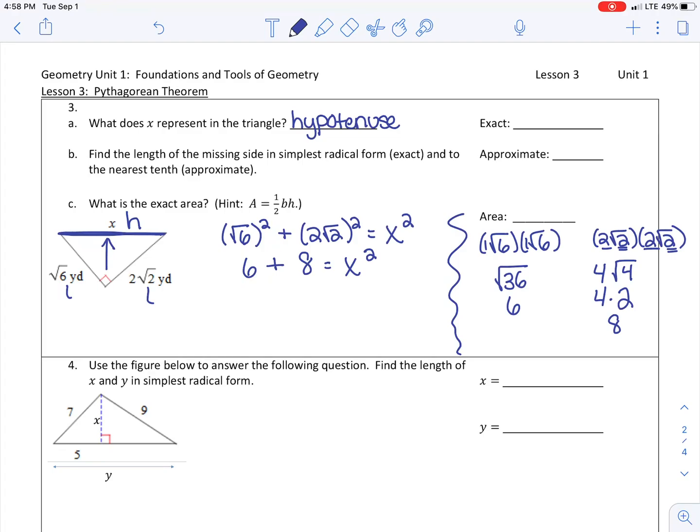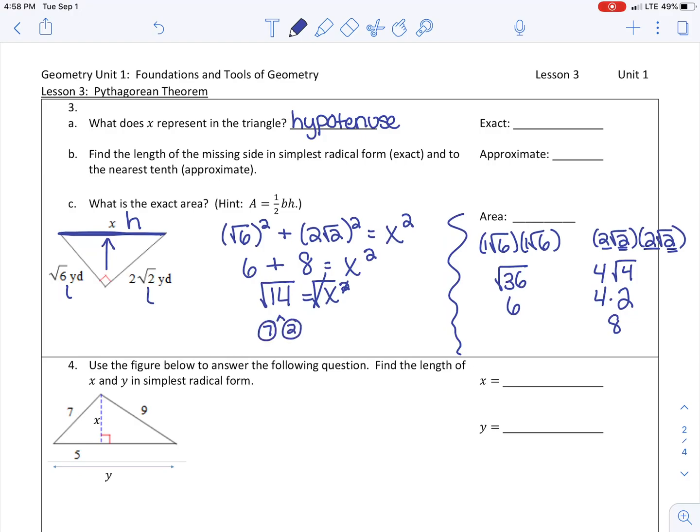At this point, we can just add our 8 and our 6 together, which gives us 14. And that's equal to x squared. And we're going to take the square root of that. Okay, so the square and the square root cancel out. If we break down 14, it breaks down to 7 and 2.